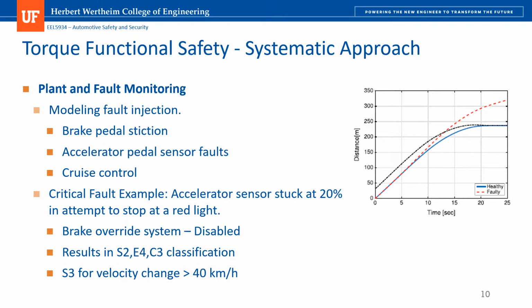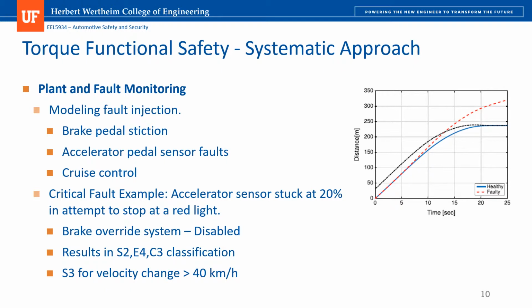So this failure is a severity level 2, exposure level 4, and a controllability level 3. It would be considered a severity level 3 if the velocity change for the vehicle was greater than 40 kilometers an hour, but in this scenario, it's less than 40 kilometers an hour.